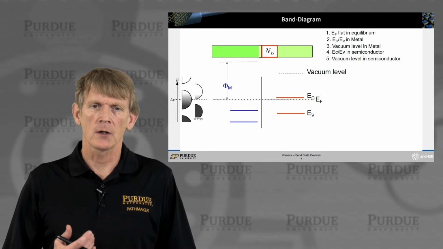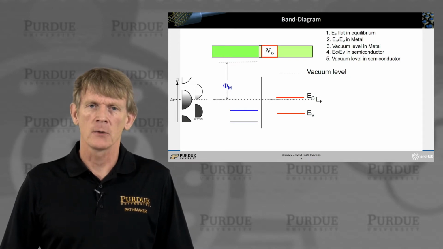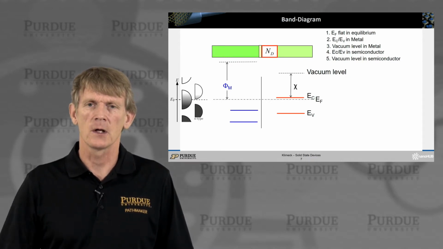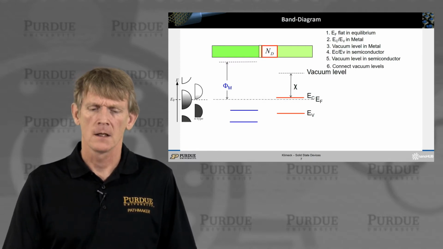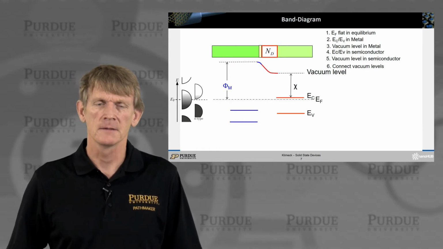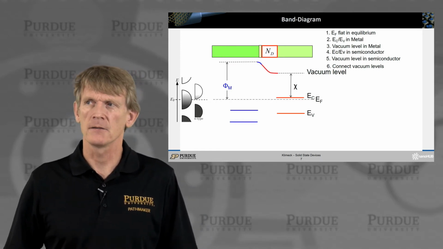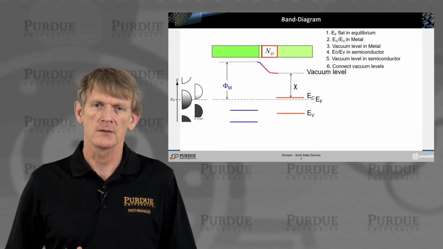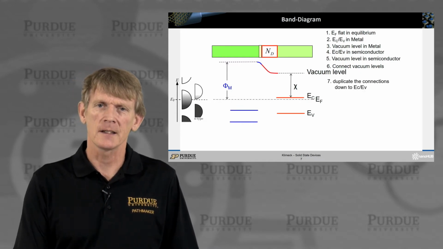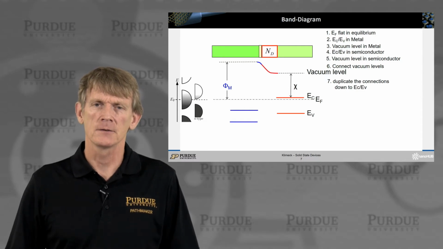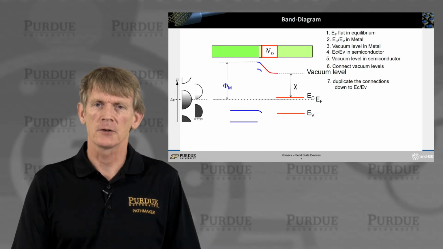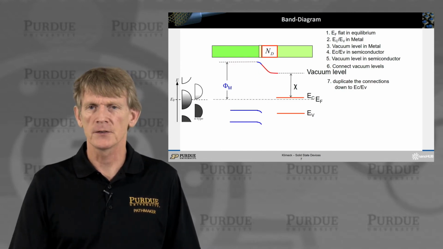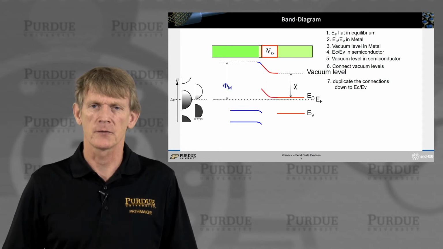Now, in terms of overall energy scale, the vacuum level is the one that is continuous throughout the device, meaning we can connect this level across the heterostructure. And that's the true energy level in the system that is a constant. So we need to keep that as a reference. We translate that reference down in the metal for the conduction band and the valence band, and we do the same thing for the semiconductor as well.